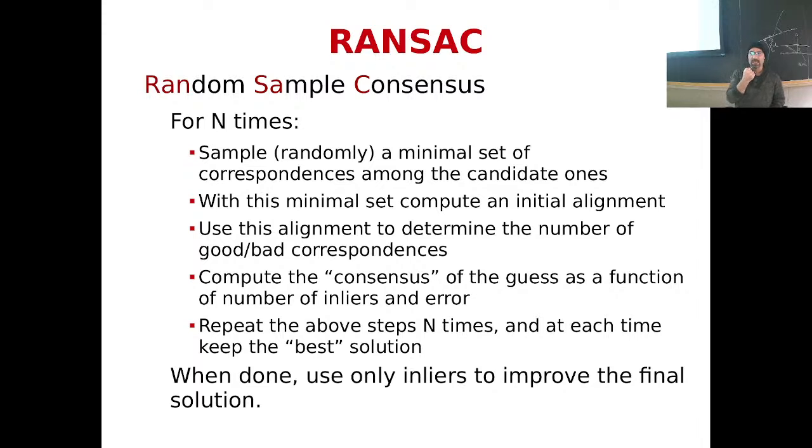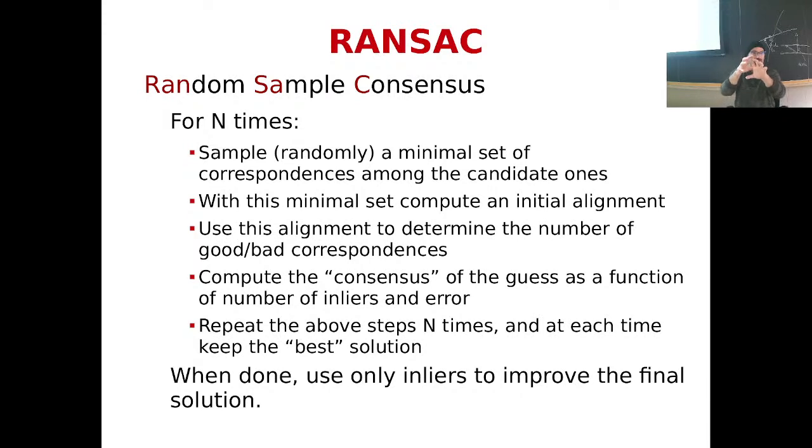Out of the initial alignment, you can calculate the consensus, which means basically you calculate the error, so to say, of each of the other correspondences, not those that you used to calculate the solution, because they will be automatically satisfied. You calculate how many of them are good, no? How many are supporting your decision, your current set.